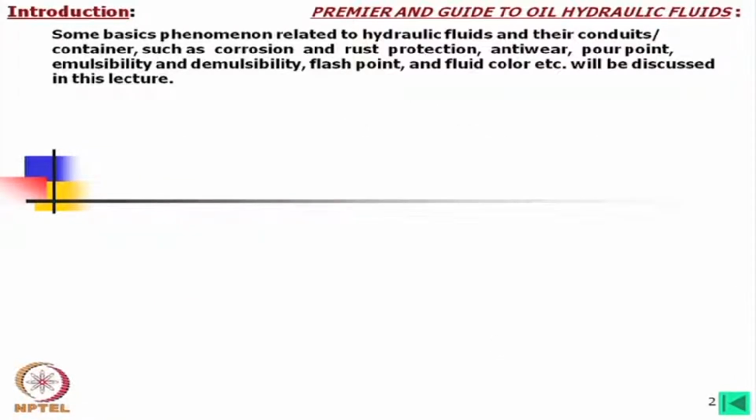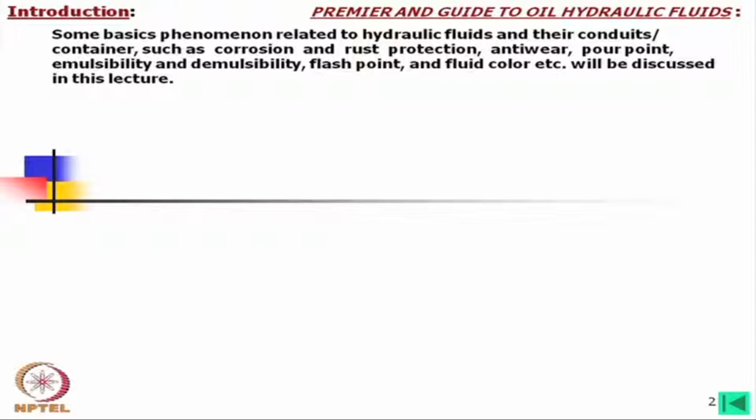Now, the second one is an introduction to fluid power symbols. As I have told, I have discussed some chemical properties as well as physical properties of the fluids. In this case, these are preliminary but useful considerations which we should take care of while selecting the hydraulic oil.